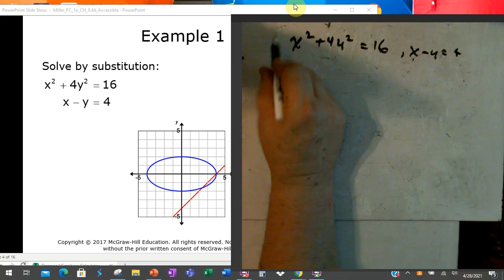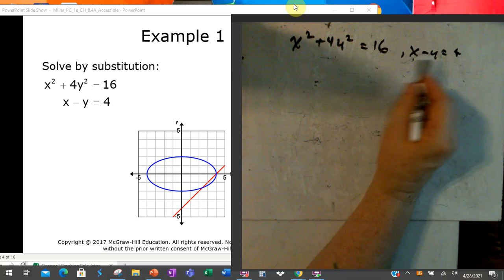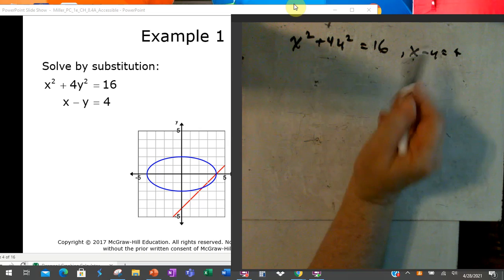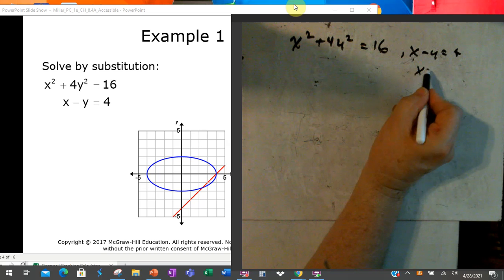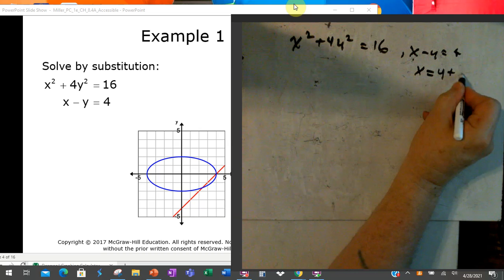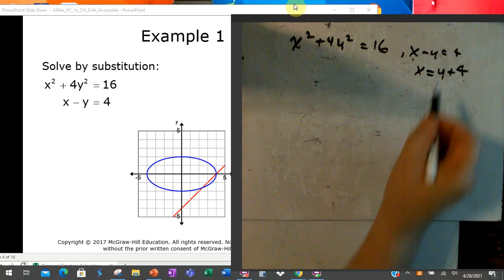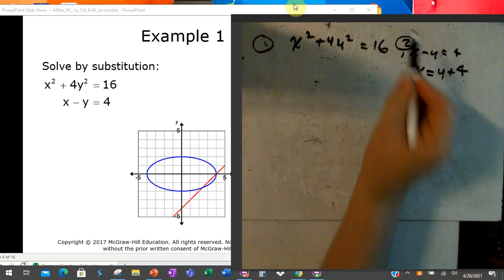That's my system. I'm going to solve for one variable. It doesn't matter which. This is easy if I just solve for x. So plus y, that's going to give me x equals y plus 4. This is my equation 1, and this is my equation 2.